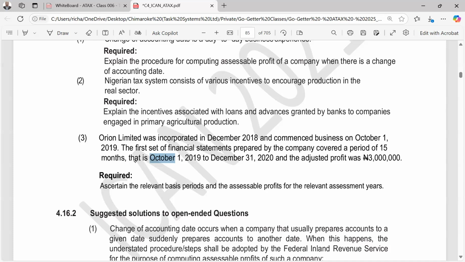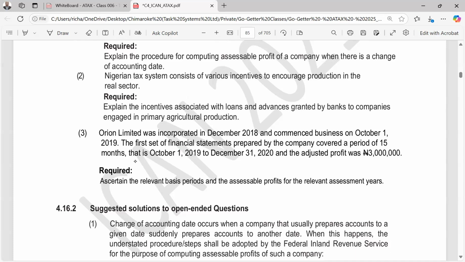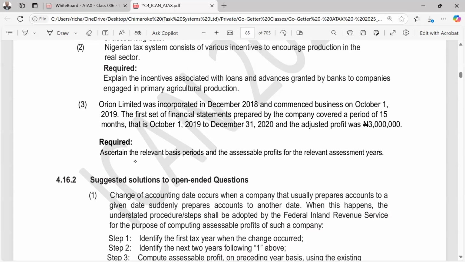The first set of financial statements prepared by the company covered a period of 15 months from October 1 to December 31st, 2020, and the adjusted profit was 3 million. Required, ascertain the relevant basis period and the assessable profit for the relevant years.